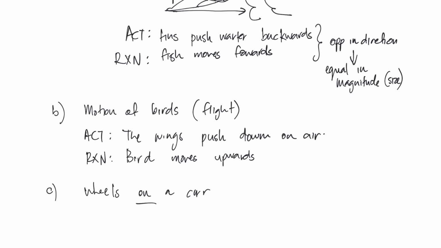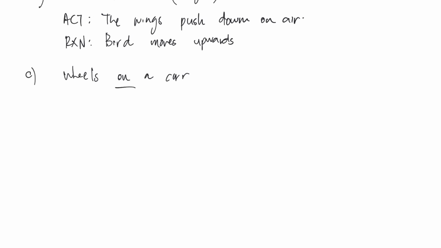When you look at the wheels, a lot of the time it looks like the wheels are moving forward. So when I'm looking at a wheel, I assume that my wheel is going in this motion, which it is technically. So I would say it's moving forwards.